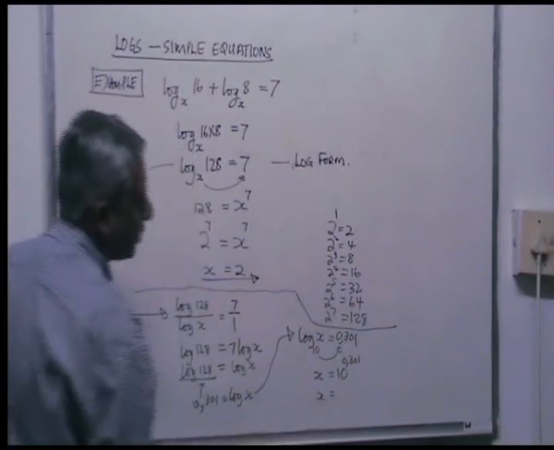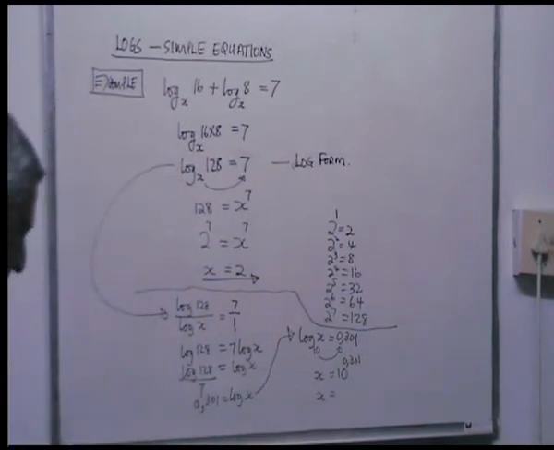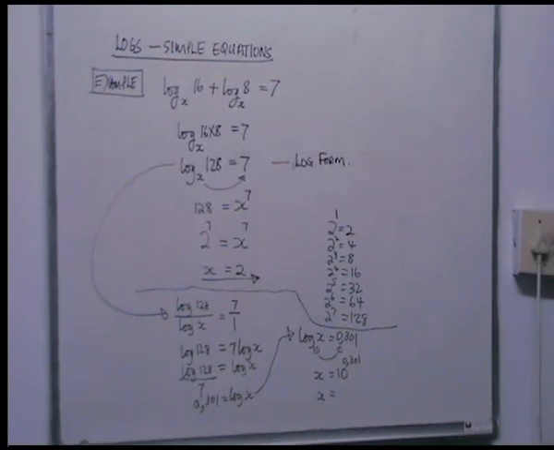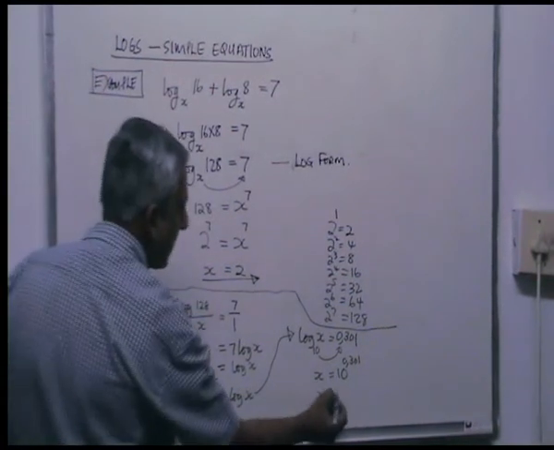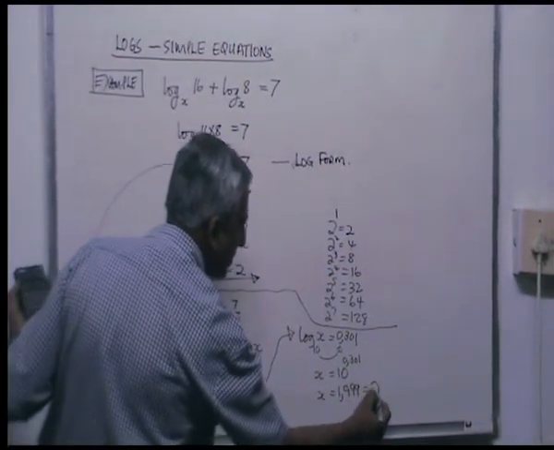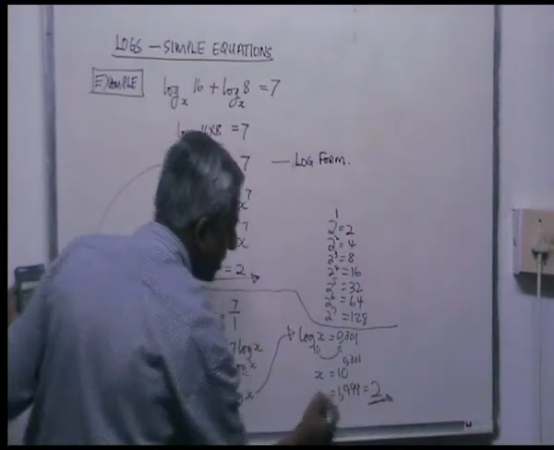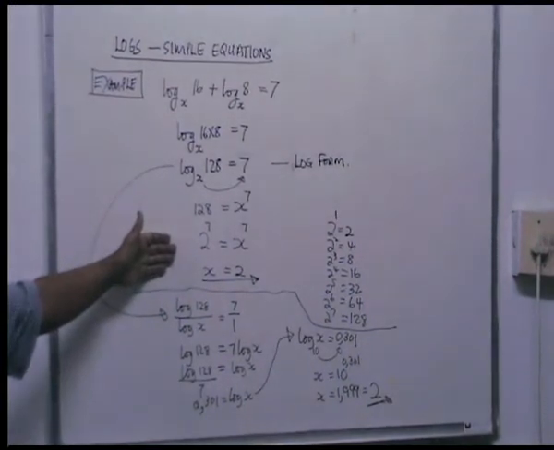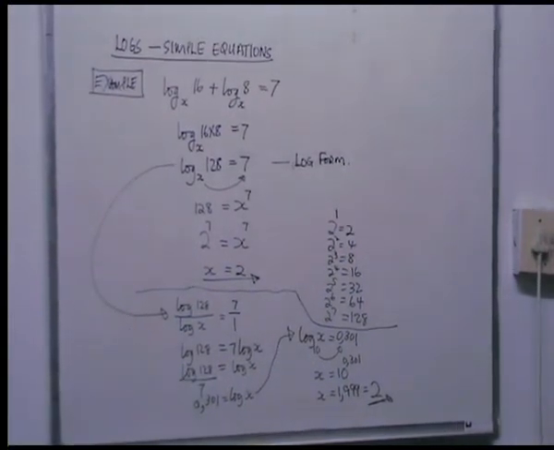You put that in your calculator, depending on your calculator, 10 to the power 0.301, and you're getting 1,99999, and if you round that off, it's going to be 2. So that's the other way. You've got a choice: know your power tables, or you can go like that. So you've got two choices.